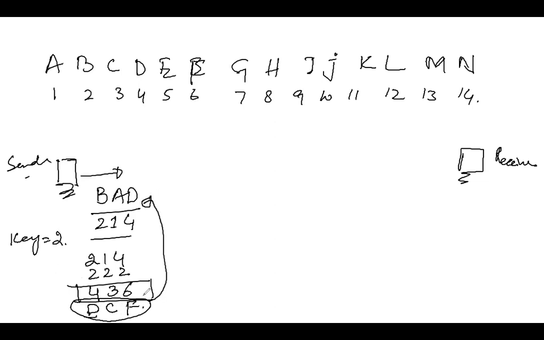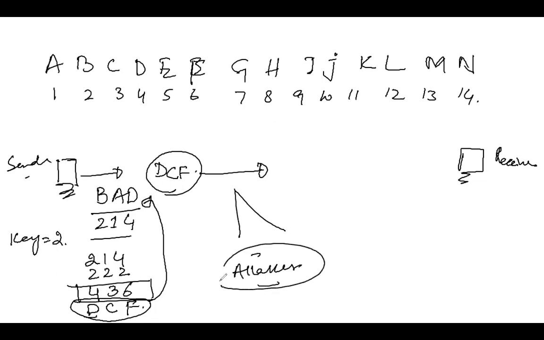And even DCF will not make any sense to the attacker node if he gets it from the link. It will not make any sense for the attacker what this DCF means.